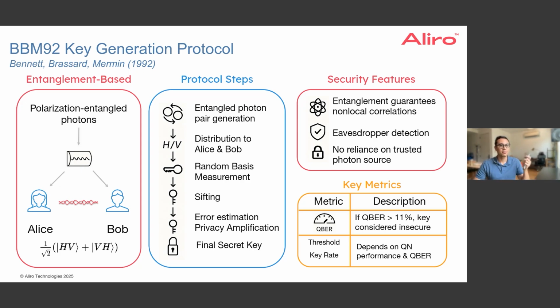So if Alice measured in the HV basis and she gets an H, a click on her H detector, then she knows that Bob should have measured also in the HV basis and should have gotten a V click, right? So in that case, that's the first state on the left, the HV state. Or alternatively, Alice measures a V, then she knows that Bob should have measured an H. That's in the ideal scenario.